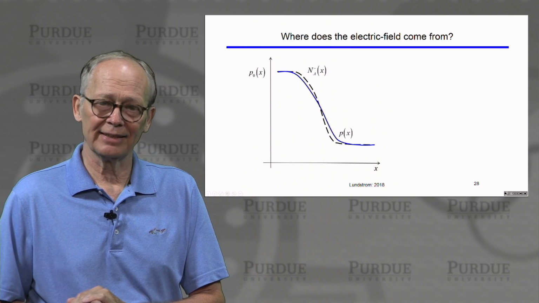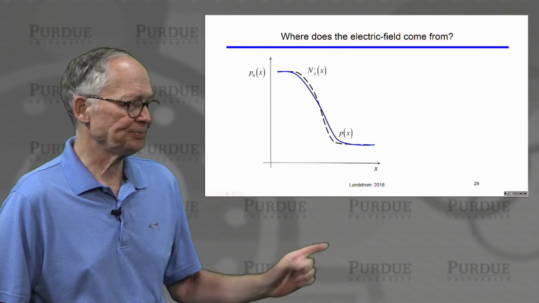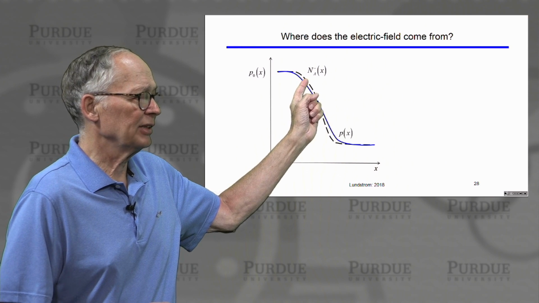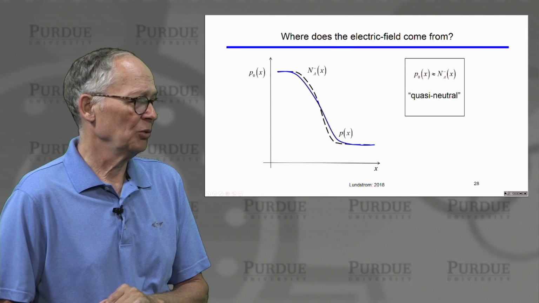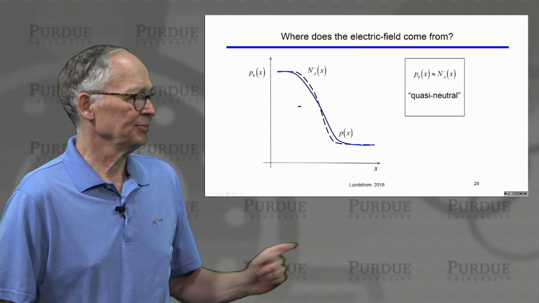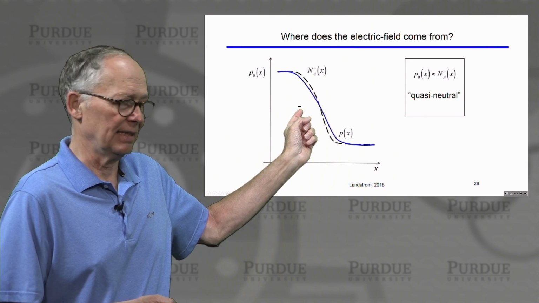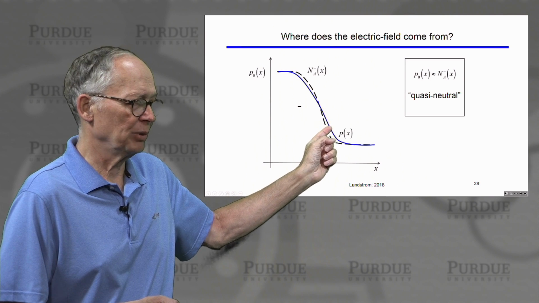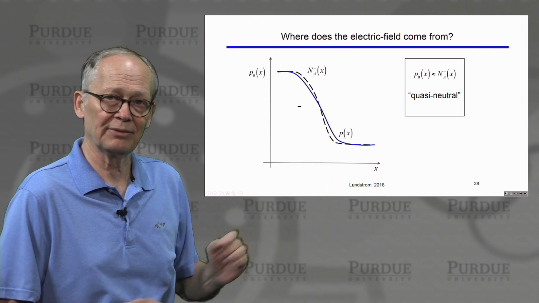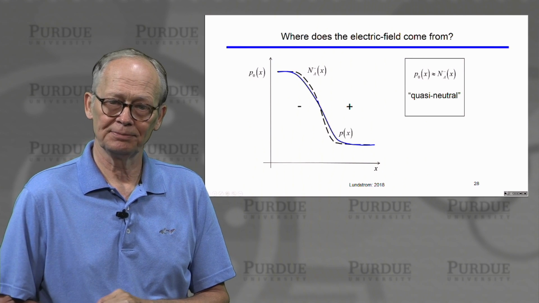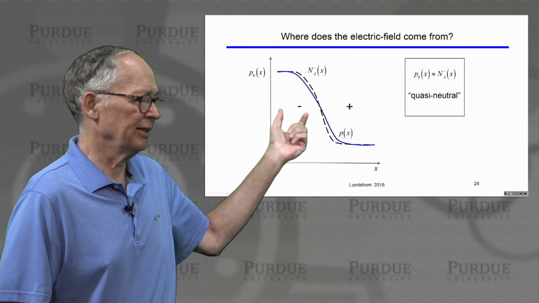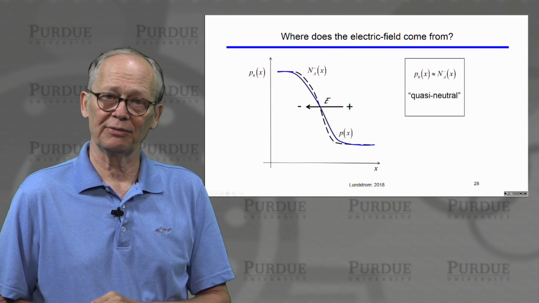Well, this is going to set up a charge imbalance. We have more negatively charged acceptors here than we do positively charged holes. So we're going to have a net negative charge in this region. Over in this region, we have more positively charged holes than we have negatively charged acceptors. So we're going to have a net positive charge. A positive charge and a negative charge are going to set up an electric field.